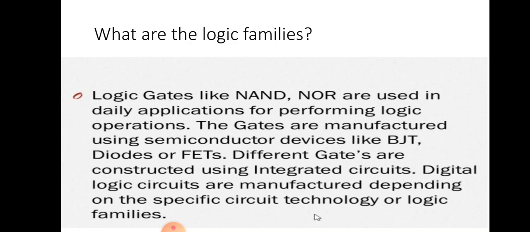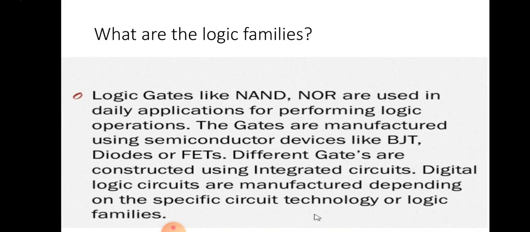The point says logic gates like NAND, NOR are used in daily applications for performing logic operations. The gates are manufactured using semiconductor devices like BJT, diodes, FETs, etc. Different gates are constructed using integrated circuits. Digital logic circuits are manufactured depending on the specific circuit technology or logic family.